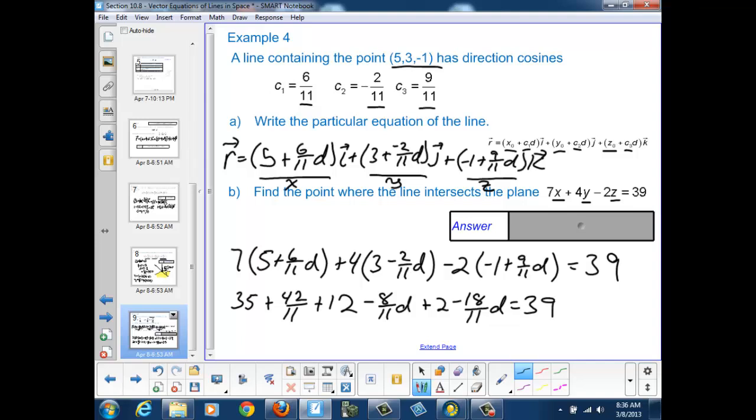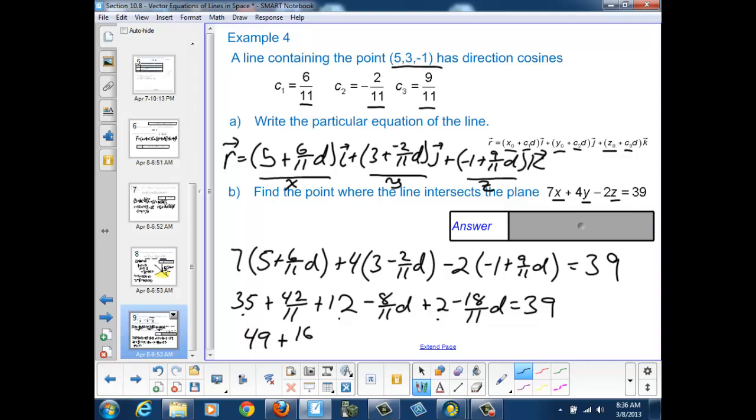If I add my constants, I've got 35 plus 12 is 47, plus 2 is 49. So 49 plus, let's see, 42 minus 8 is 34, minus 18 is 16.